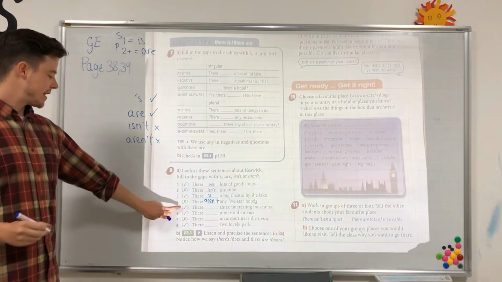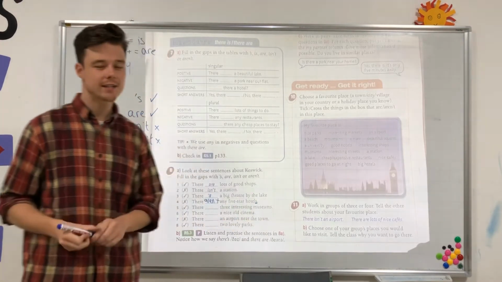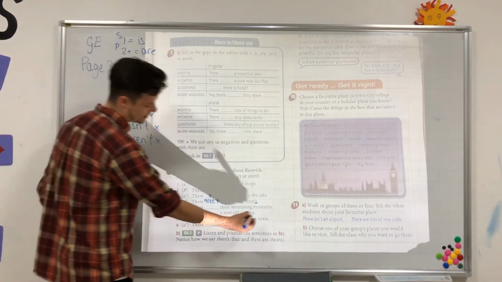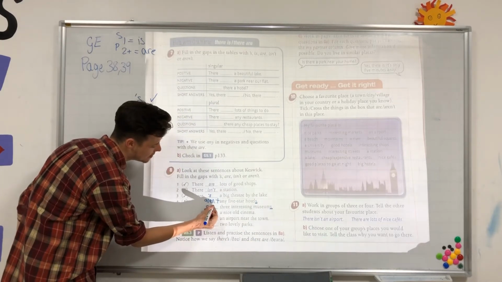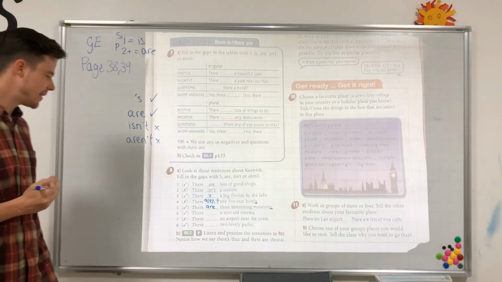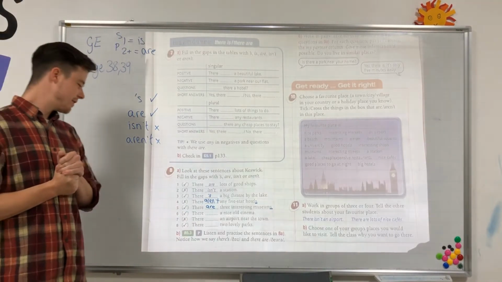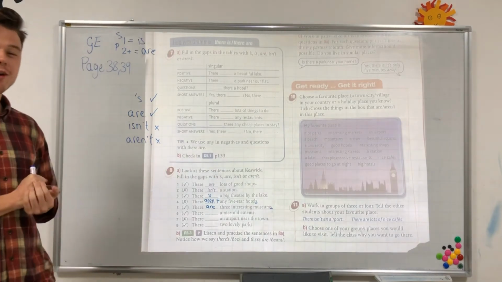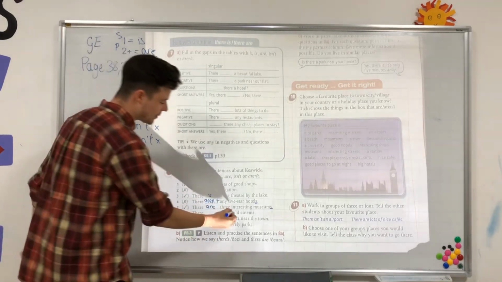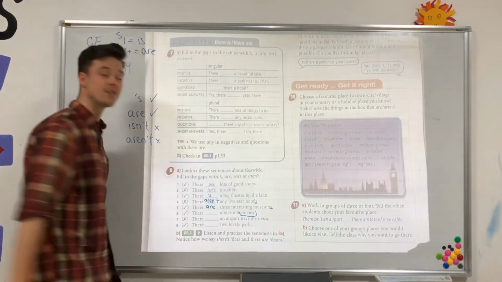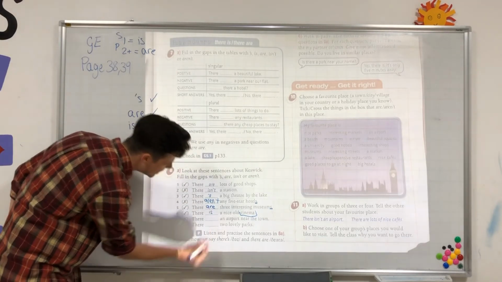Number 5 is positive. There's something, 3 interesting museums. Again, museums is plural, so we use are. Number 6 is also positive. We have a nice old cinema. The word cinema is not plural, so it is singular, and we use the word is.